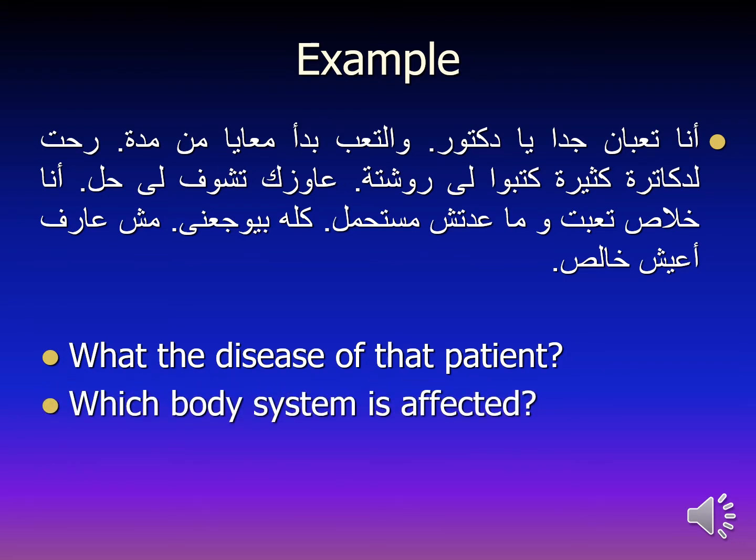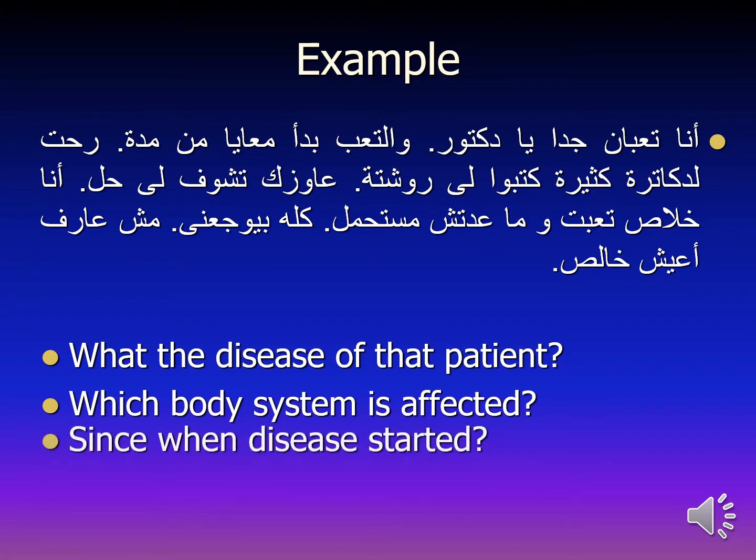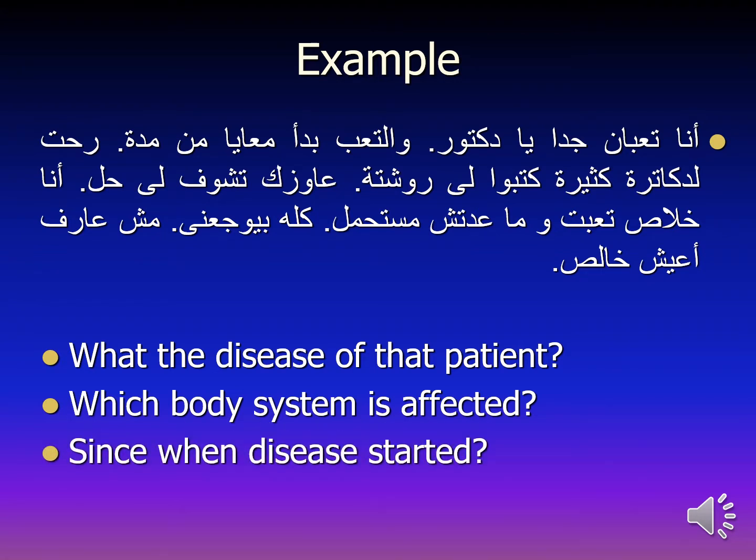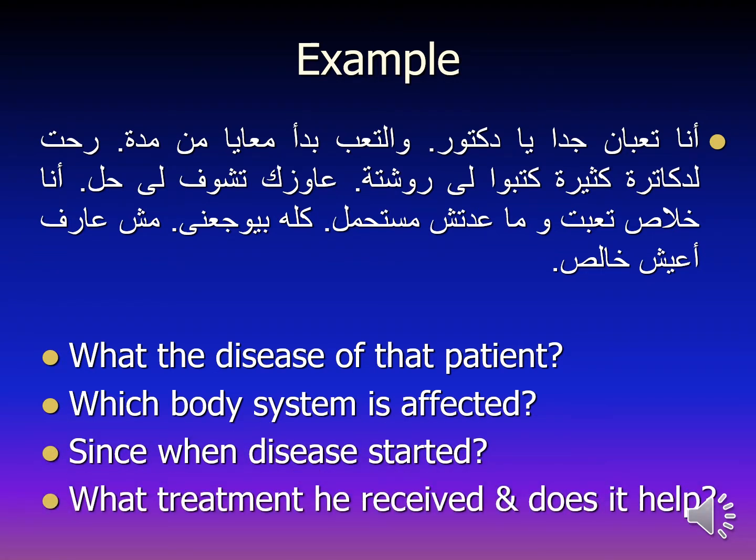Which body system is affected, his liver, his eyes? Since when did this start? And lastly, what treatment did he receive and did it help? You cannot answer any questions. So this is an example of bad interviewing, a bad conversation with the patient, which is not the history taking we need.